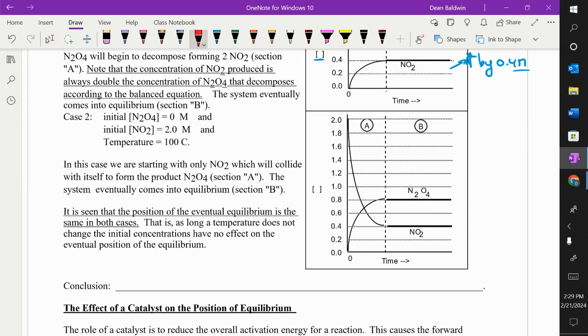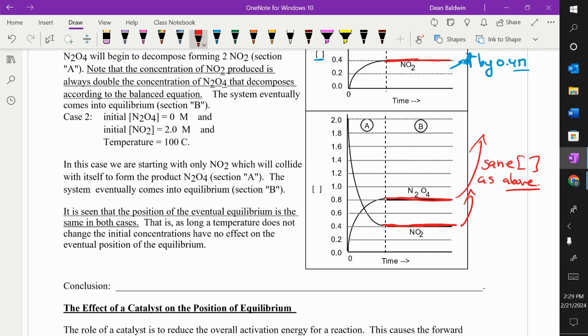You finish with how much NO2? 0.4, and up here was 0.4. And then the N2O4, because it's increasing, increased to 0.8. Same concentration as above.